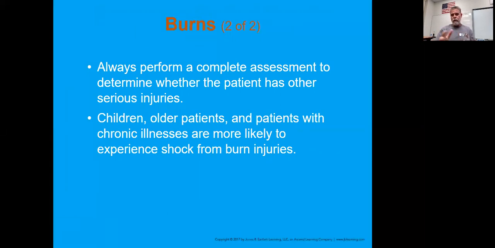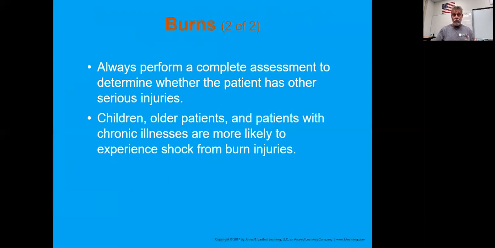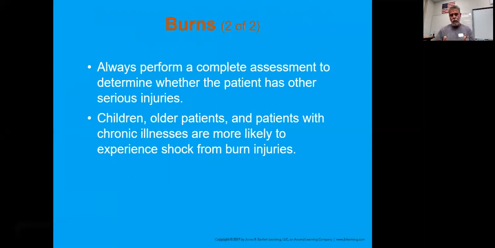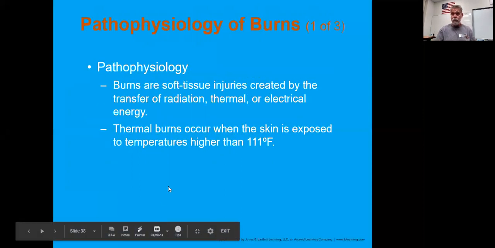And so that's why that correlation is there in the children and the older patients. Chronic illnesses, again, diabetes is really rough. They can experience shock from burn injuries just because there's less overall good circulation, or the skin is thinner in those two groups, and it doesn't have to be exposed to the same heat source as long.